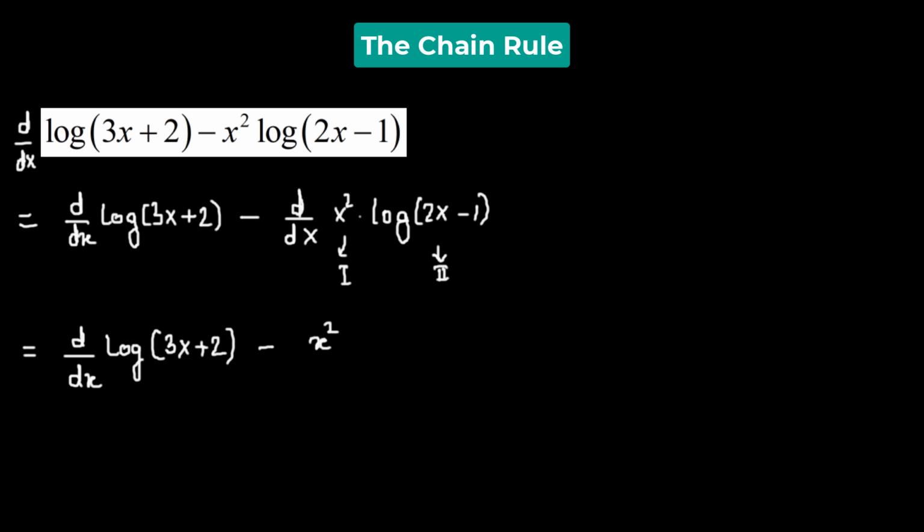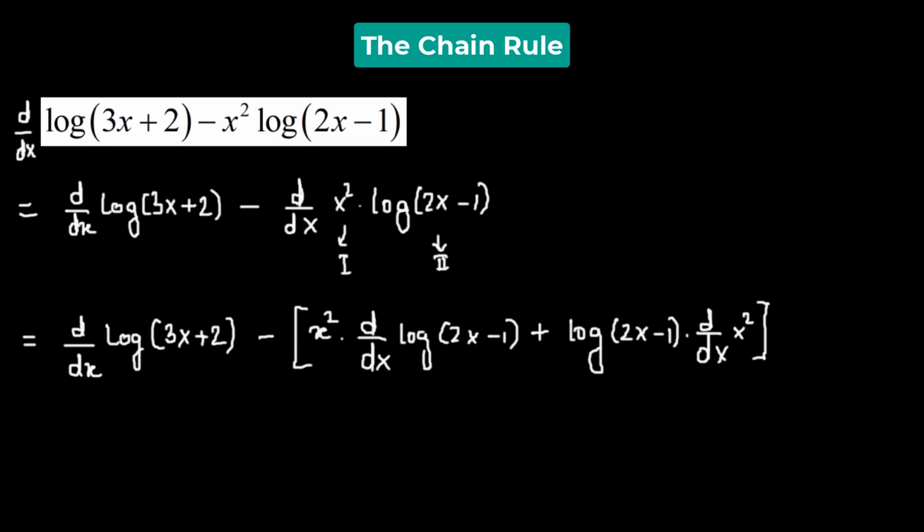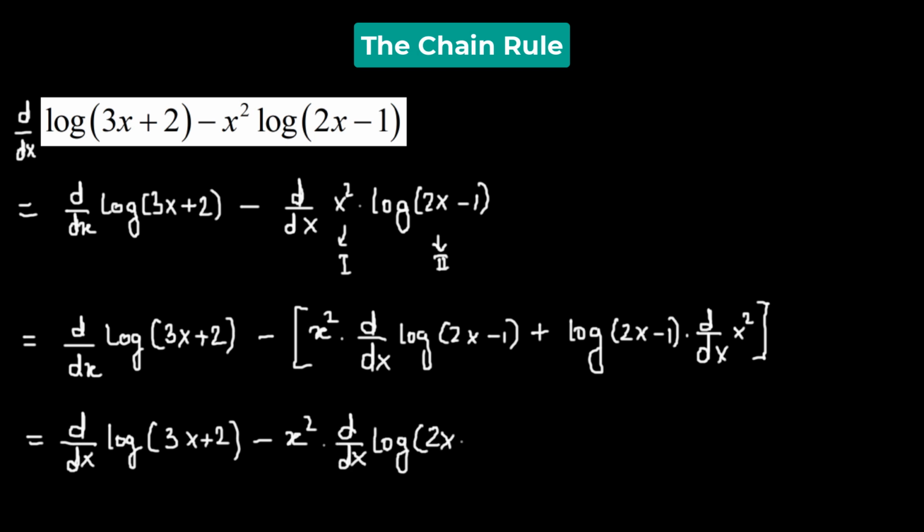So we'll have negative x squared times the derivative of log of 2x minus 1 plus log of 2x minus 1 multiplied to the derivative of x squared, which will give us the derivative of log of 3x plus 2 minus x squared times the derivative of log of 2x minus 1 minus log of 2x minus 1 times the derivative of x squared.